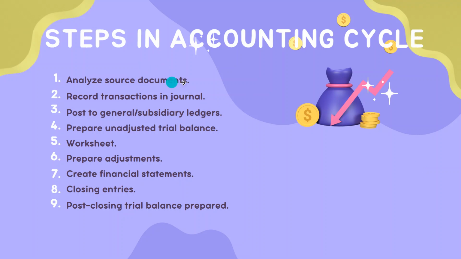So analyze those source documents, record them in your journal, and then you're going to post them to the general and your subsidiary ledgers. Then you prepare an unadjusted trial balance. The purpose of the trial balance is to make sure that your debits equal your credits. So this trial balance, you're going to take all of your accounts that you have in your general ledger, you're going to write those down. You're going to make sure debits equal credits.